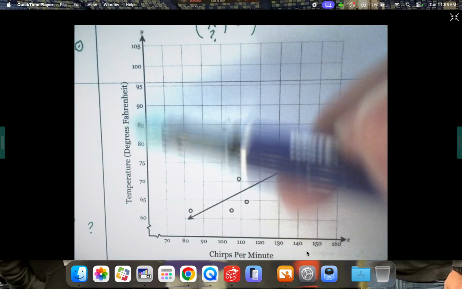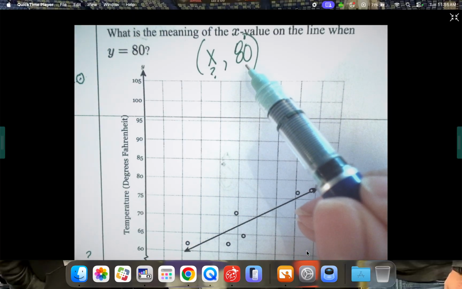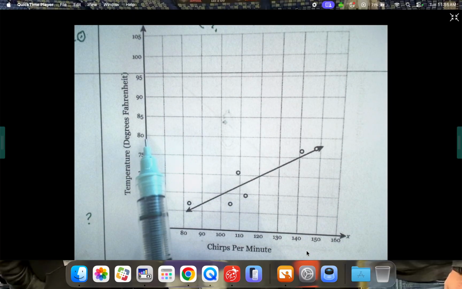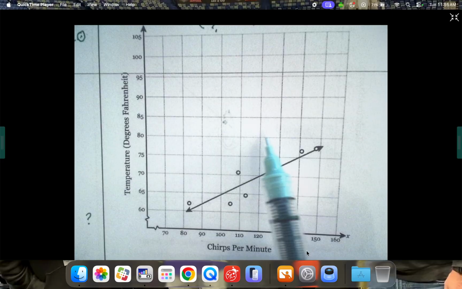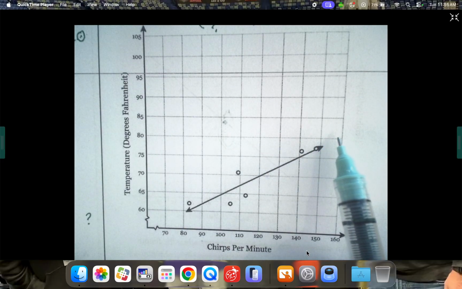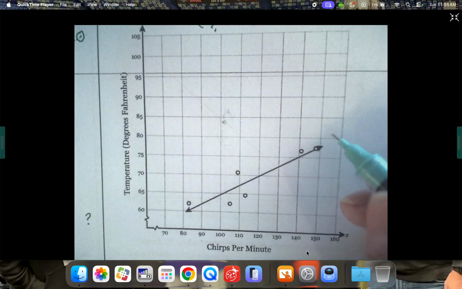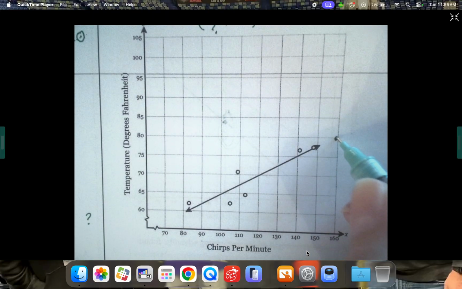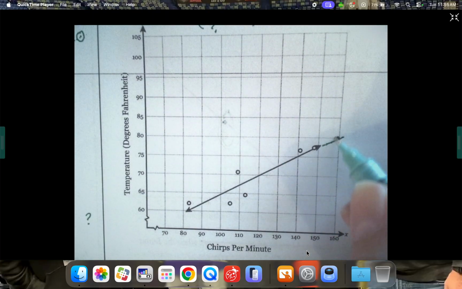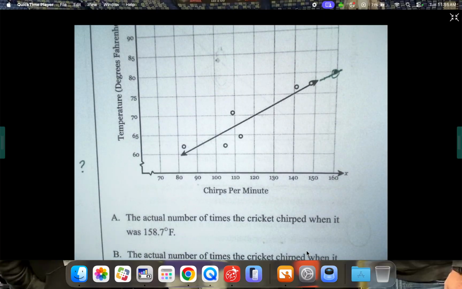So if the Y value is temperature, if the temperature is 80, what would we expect? There's not an actual data point on the 80, so it's going to be a should, but I would say it should follow our line and be somewhere around here. It should be about 160 or a little bit less than 160 chirps per minute.